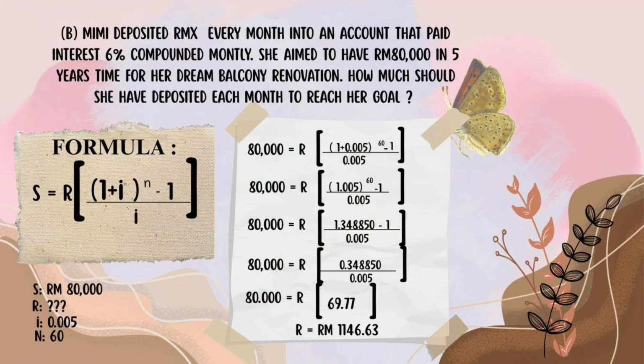Formula of this question is S equals R [(1 plus i) to the power of n minus 1] per i.